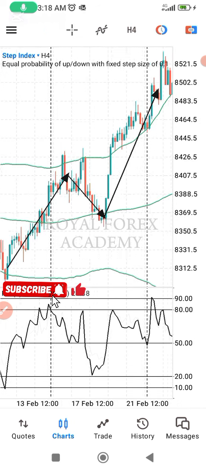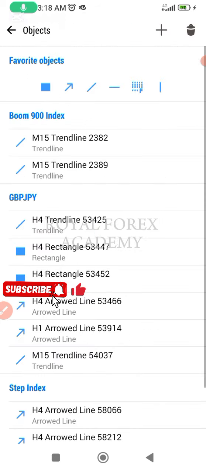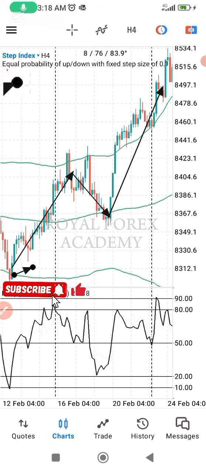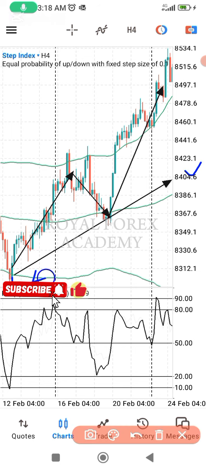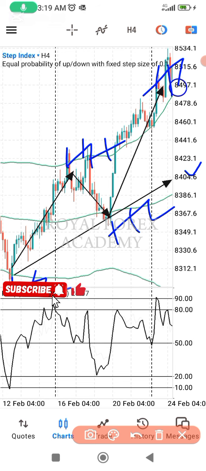So this is the simple way. This is how you can now have your structural point with which you can connect your trend line this way. And if you are a structural market trader, you can now have your higher low, your higher high, and then your higher low, and then your higher high, as the case may be.